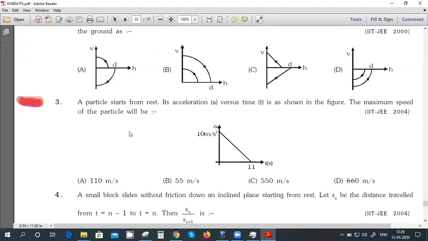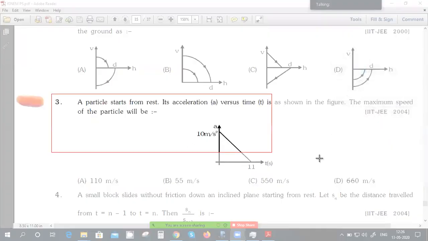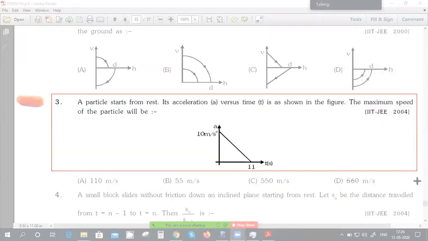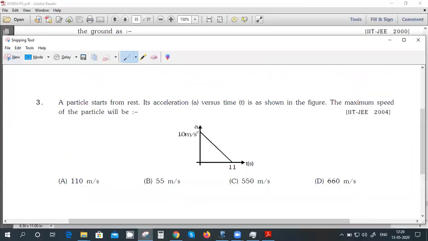This is actually very simple. Try this third one quickly. It is very simple once you know how to do it. If you're doing it for the first time, it might be difficult.